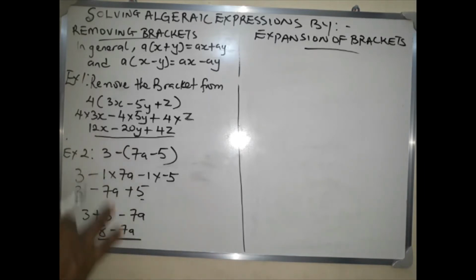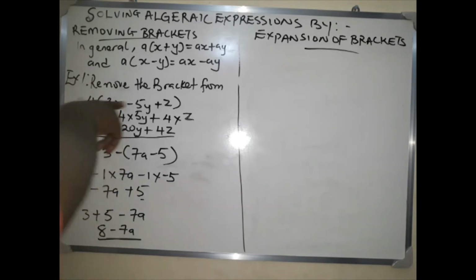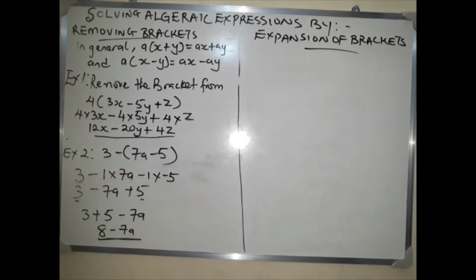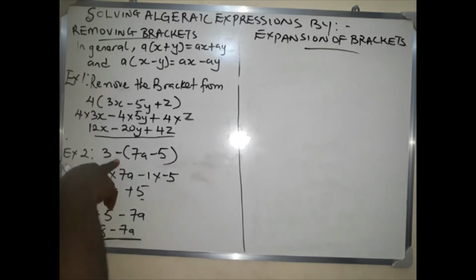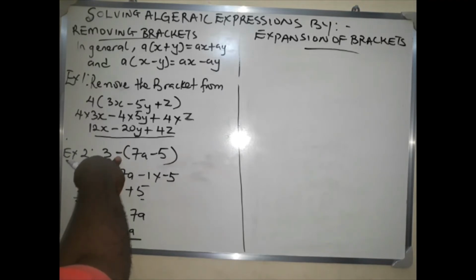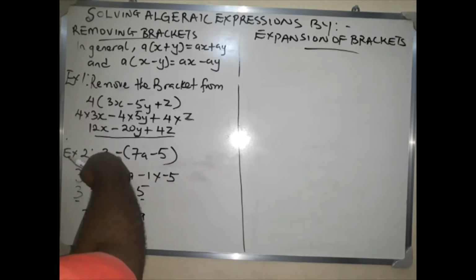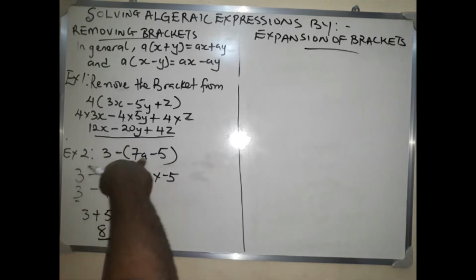So for this second aspect, unlike the first one, which has a number before the bracket, we use that number to multiply everything inside the bracket. But in this second case, there is no number in front of the bracket, but there is a sign, which is minus. So we use that minus to multiply everything inside the bracket.